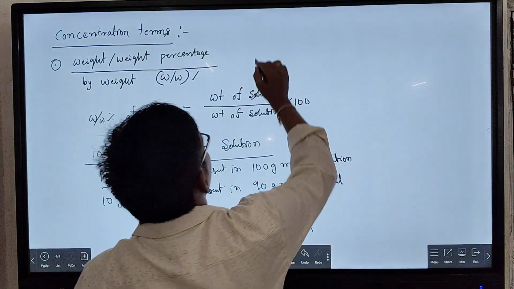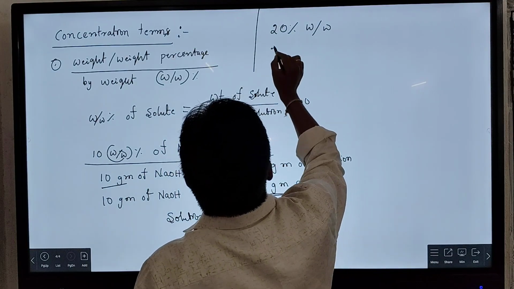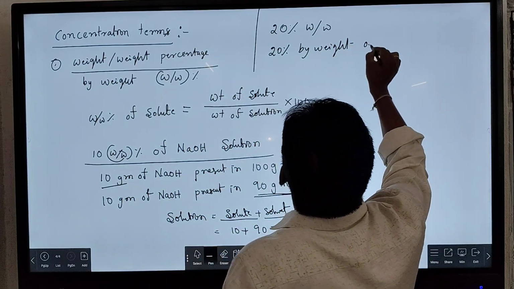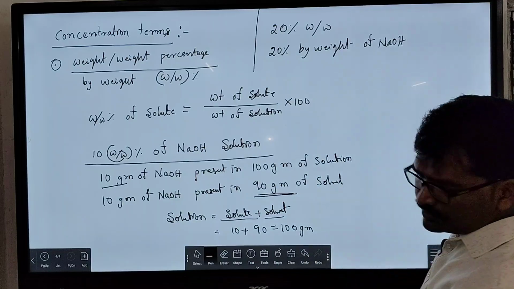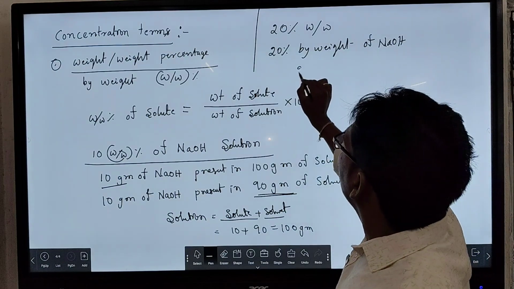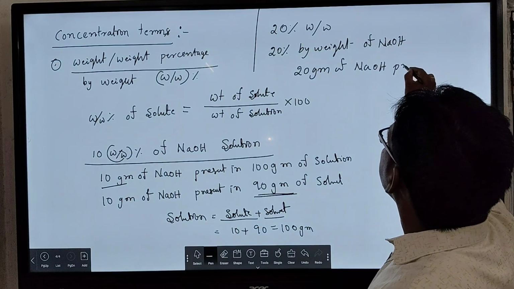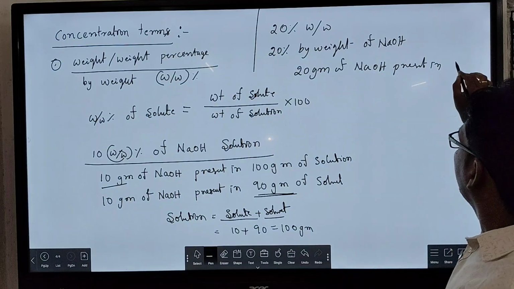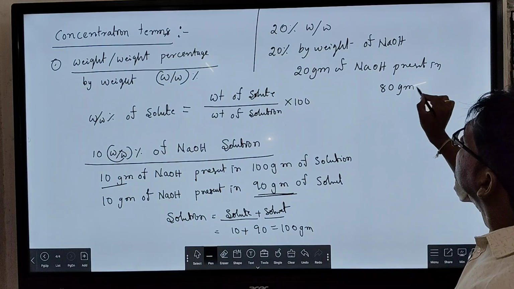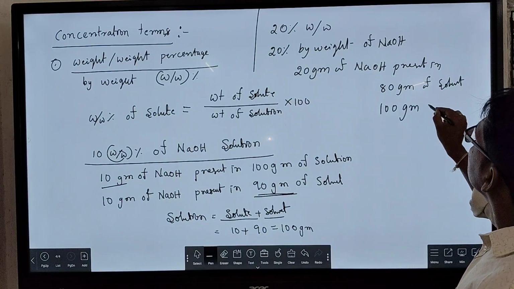Sir, wherever in the statement they give, like this, 20% of weight by weight or 20% of by weight of NaOH, if they mention it like this, by weight or weight by weight, in both cases you have to take 20 grams of NaOH present in 80 grams of solvent, or 100 grams of solution.